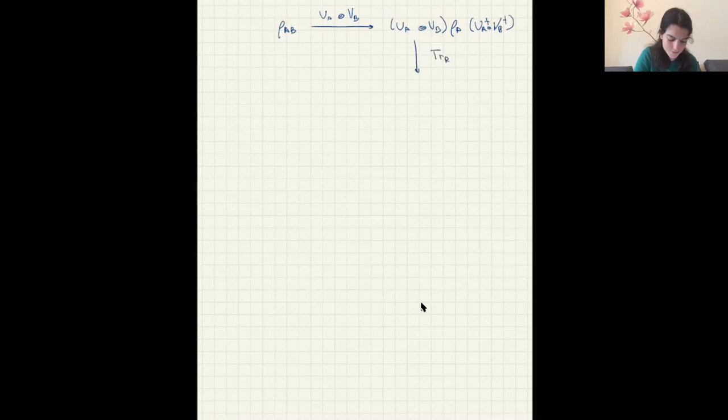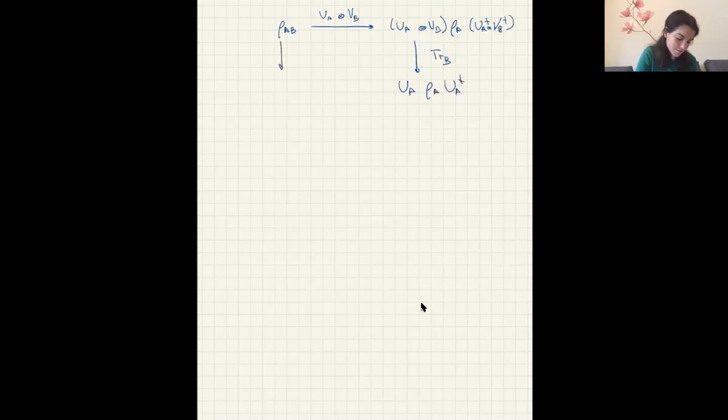You can start with Rho B, evolve the state with UA and VB to have this thing of UA VB, UA dagger times VB dagger, and then take the partial trace over B, and then you get this UA Rho A UA dagger.